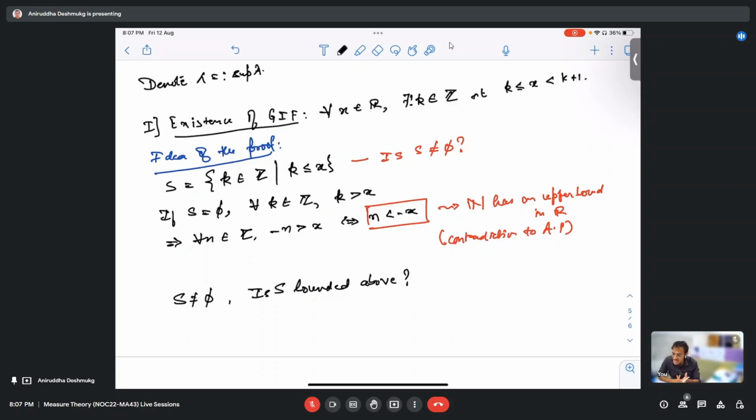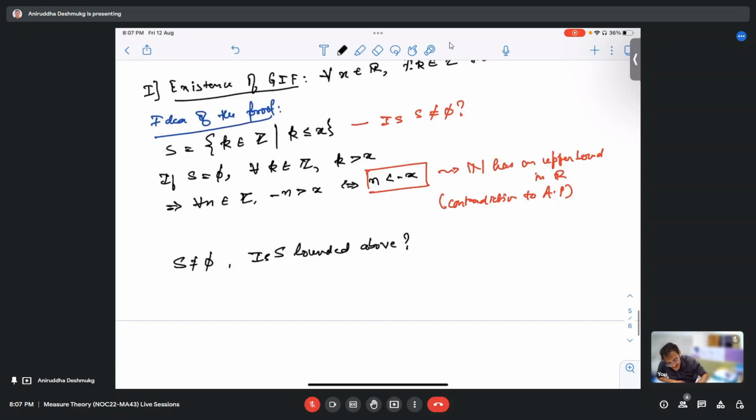Yeah, but they are all less than or equal to x. Okay, sir. It is bounded above. So S is indeed bounded above, and therefore by the LUB axiom, there is some alpha in R such that alpha is the least upper bound of S.